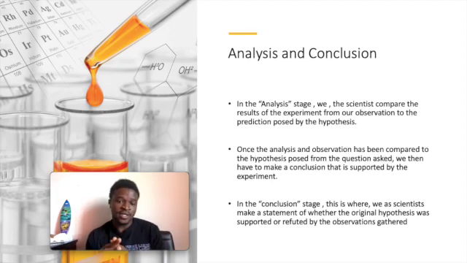So in the analysis phase, this is where we're looking at the stopwatch and the time it took for it to finish. This is where we're looking at the power consumption of the motors in each car to see which one is exhausting the most power, using the most power.